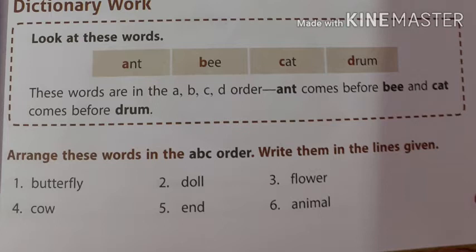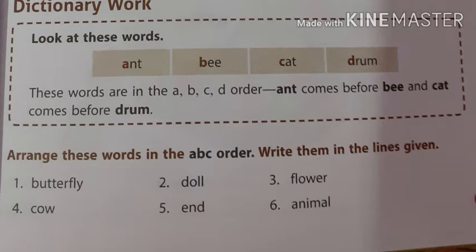In all these words, we need to find the initial letter. From the word butterfly, the first letter is B. Doll, the first letter D. Flower, the first letter F. Cow, the first letter C. And ant, first letter A. Animal, first letter A. So how do we arrange these words in alphabetical order?